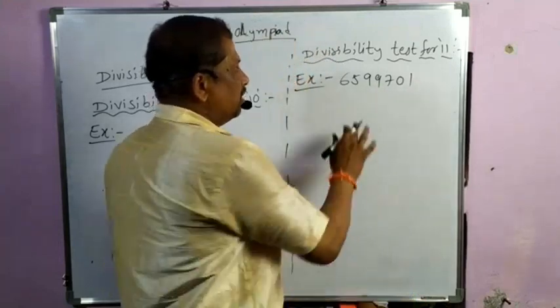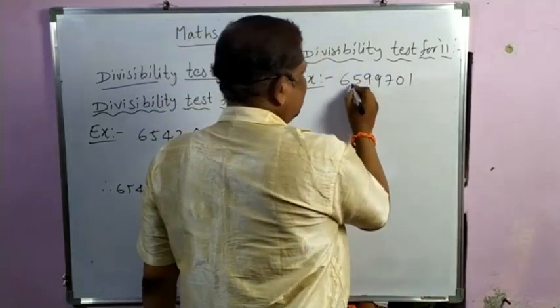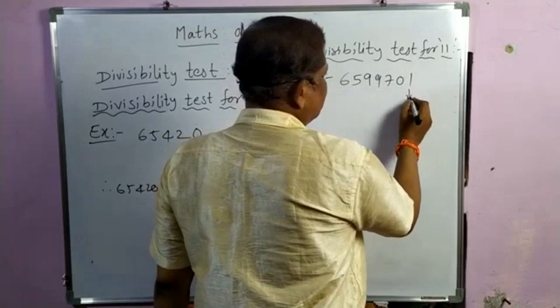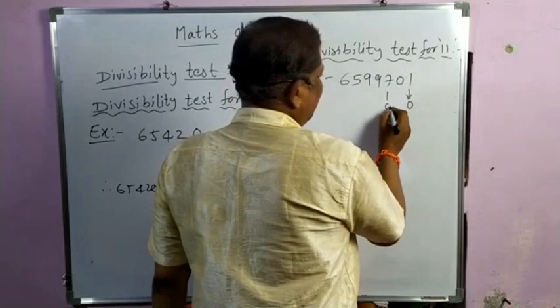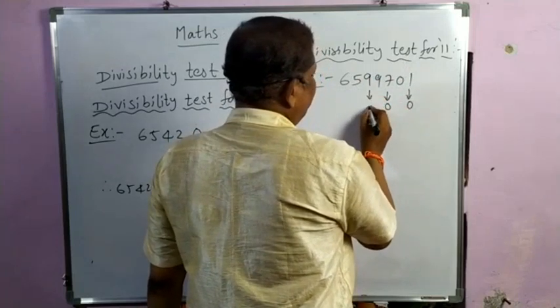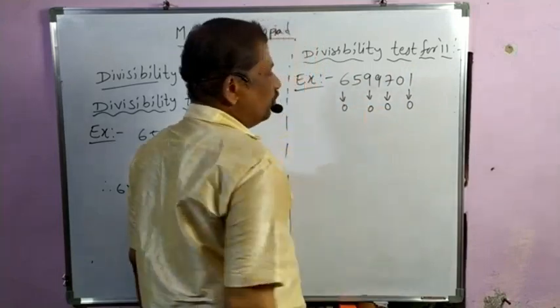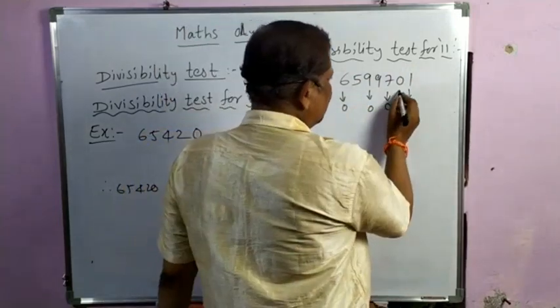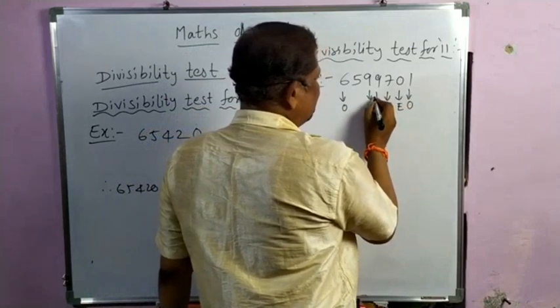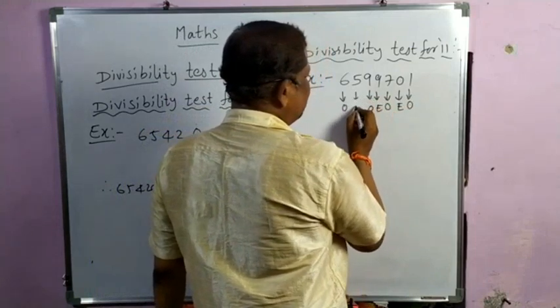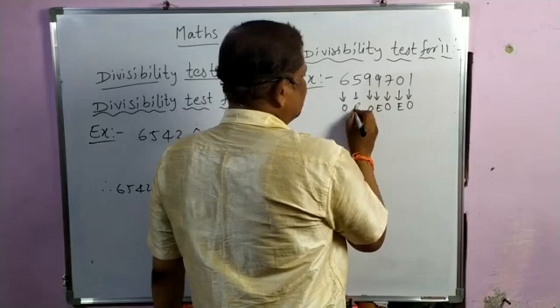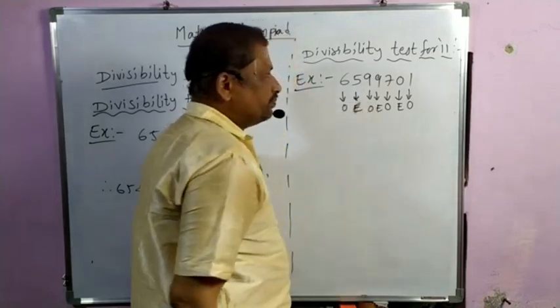So, in this number, let us take the first place as odd place, odd place, odd place, odd place. 4 odd places we got. Next, this is even place, this is even place, and this one is even place. So, a total of 3 even places we got.